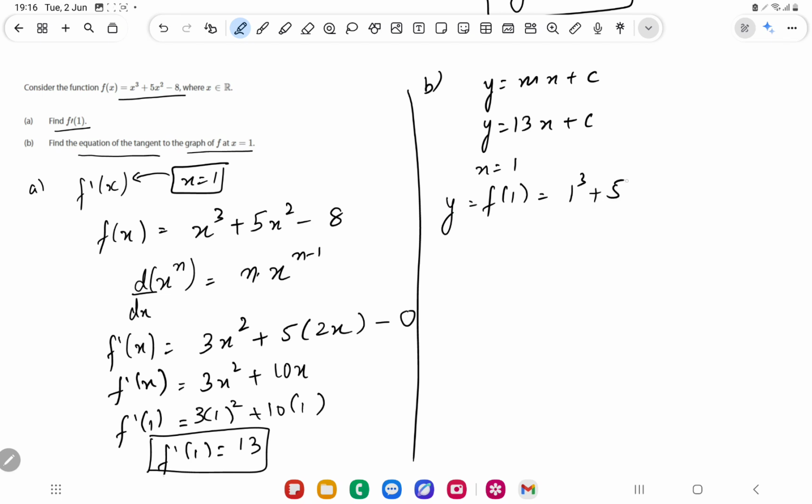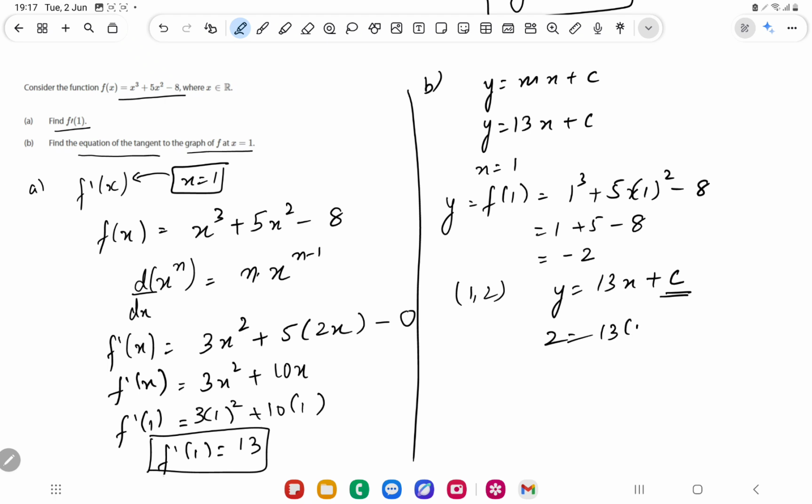So it will be 1 cube plus 5 into 1 square minus 8, that is 1 plus 5 minus 8. So my y value is coming as minus 2. Now I can put 1 comma minus 2 into y is equals to 13x plus c to find this c. So my c will be minus 2 minus 13. So c will be minus 15.